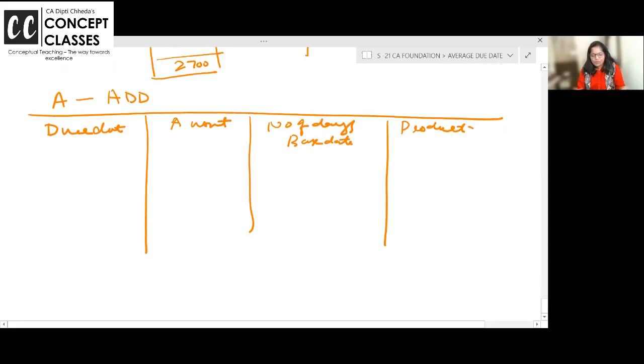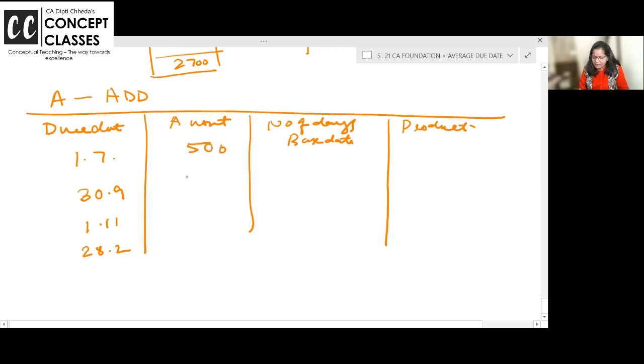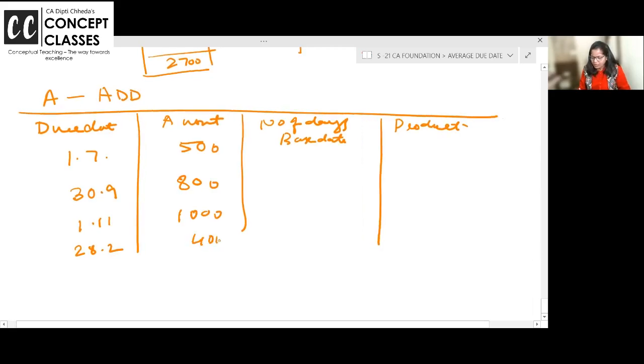Average due date I'm doing routine. What is the due date? Just copy it very fast. 1st July, 30th of September, 1st November and 28th of February. Amount 500, 800, 1000, 400. Nice, clear?